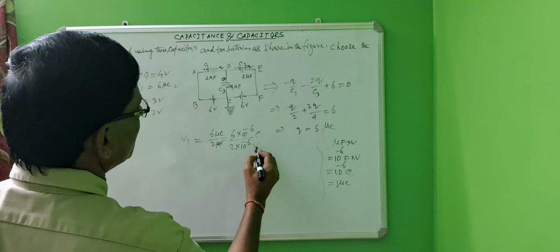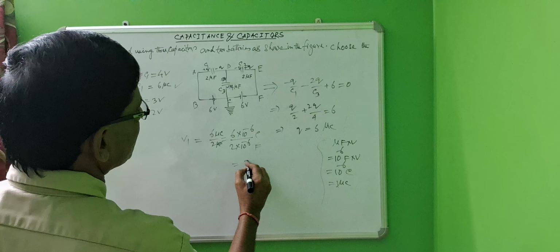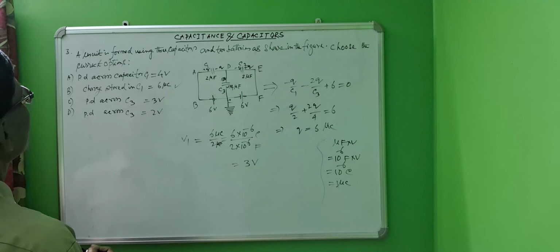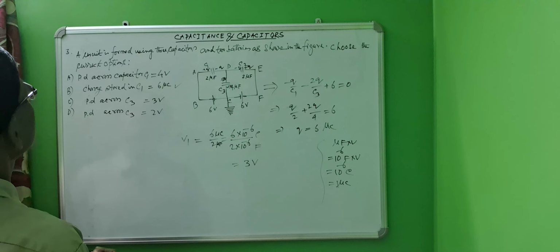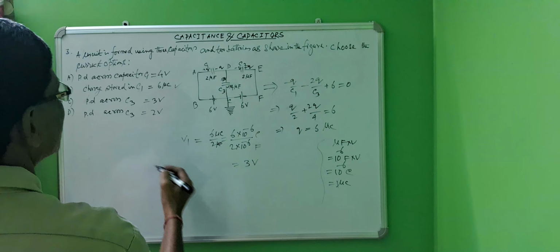This is coulomb, this is volt, this is farad. It equals 3 volt. So V1, the potential difference across C1, equals 3 volt, which is not given.